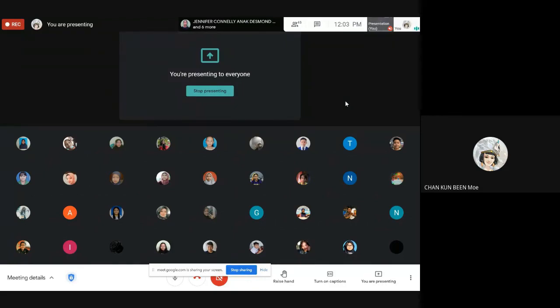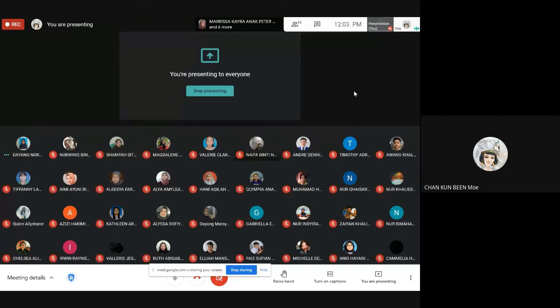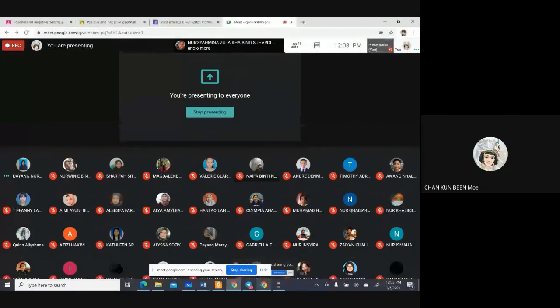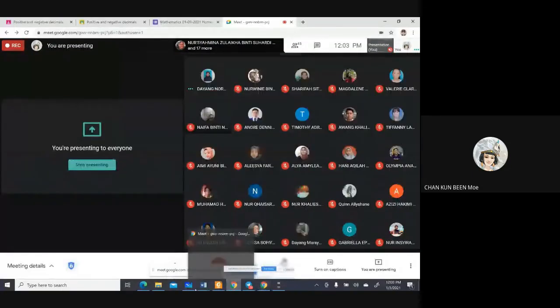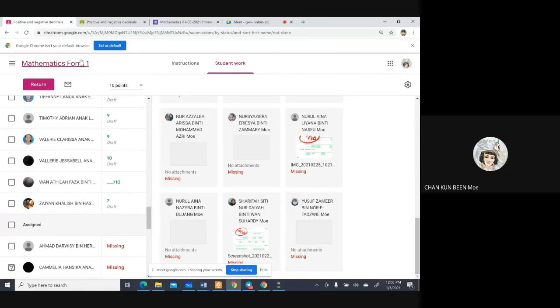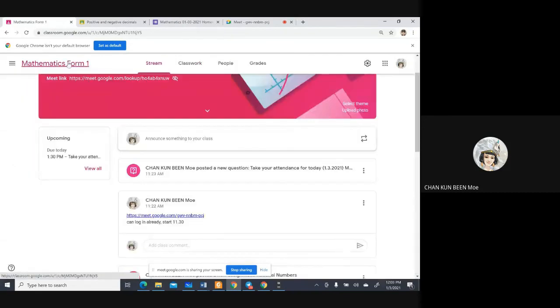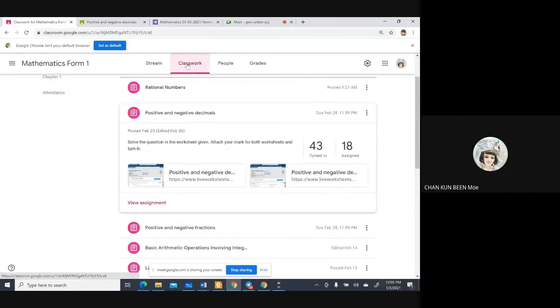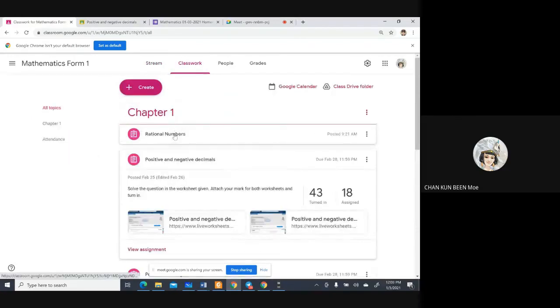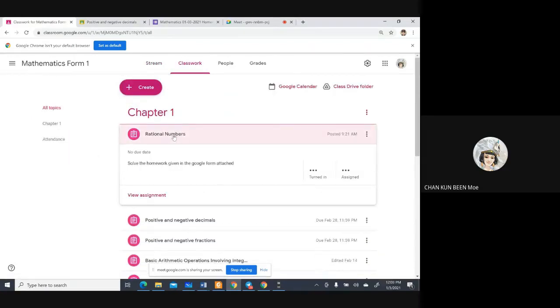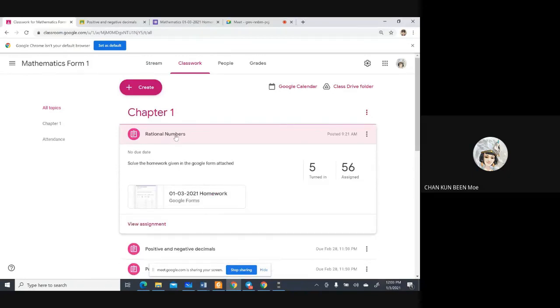I want to give you some exercise. I found out in your GC just now, a few of you already done it. Wait, let me show it to your GC. Okay, this is your GC. So for the exercise or your homework for today, I've already posted it in the GC. This is the one, rational number, and I noticed some of you already turned in.